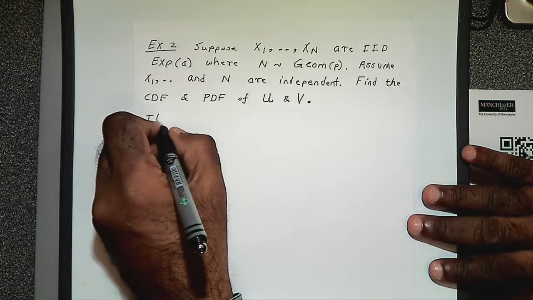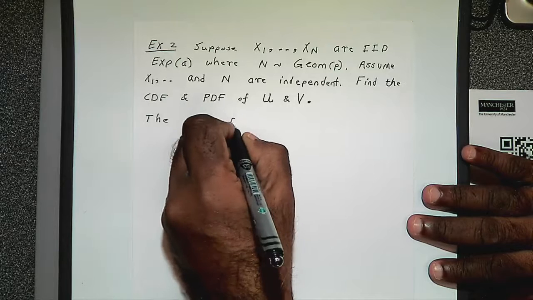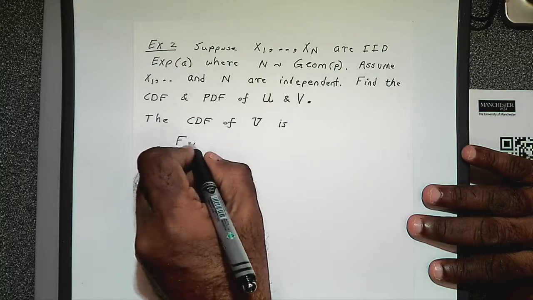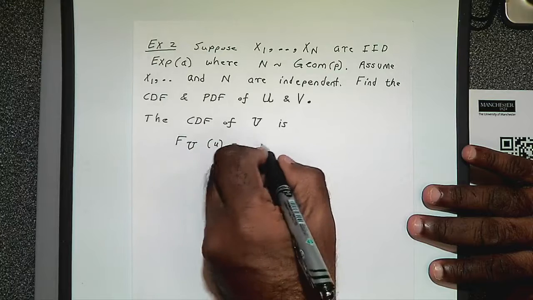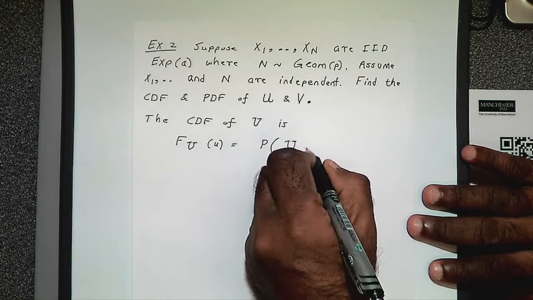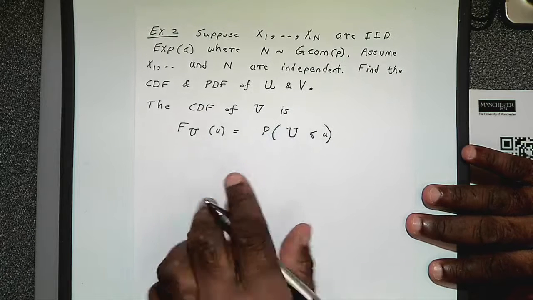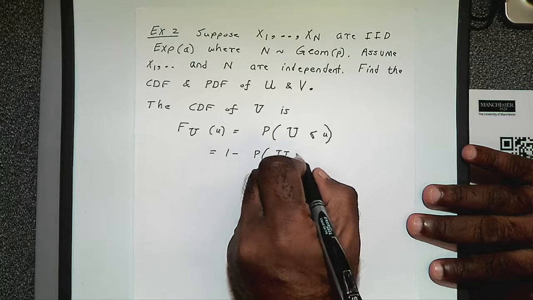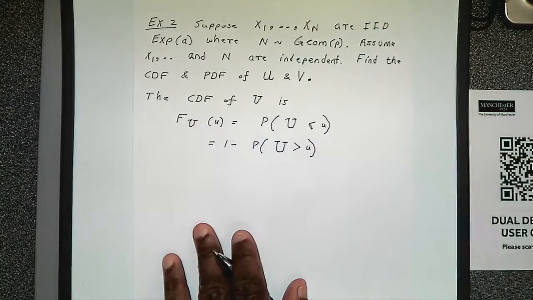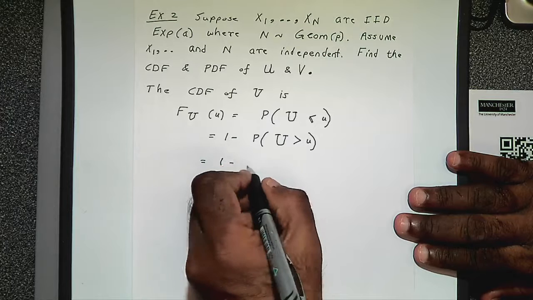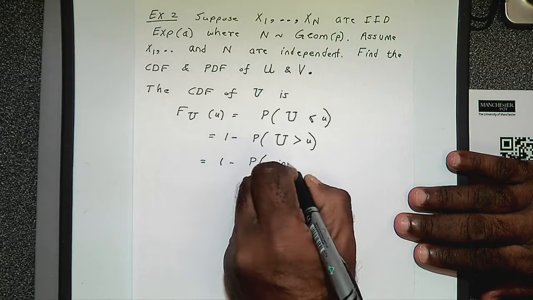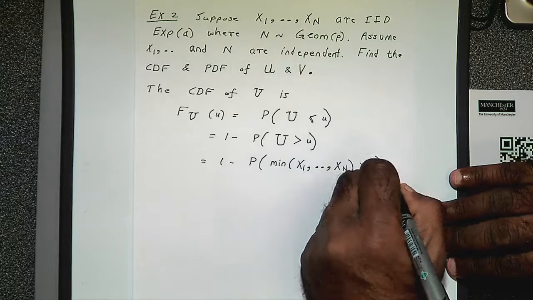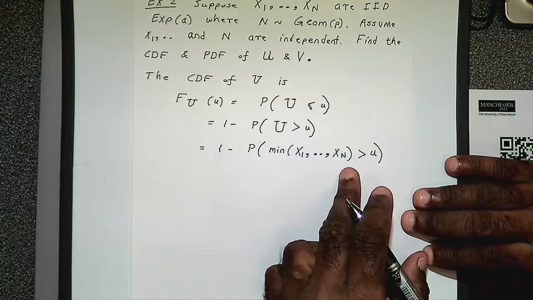First of all, let's try to find the CDF of U, which is the probability that capital U is less than or equal to U. You can write this as 1 minus the probability that capital U is greater than U. And this you can write as 1 minus the probability that the minimum of X1 to Xn is greater than U. Now here note that capital N is a random variable.